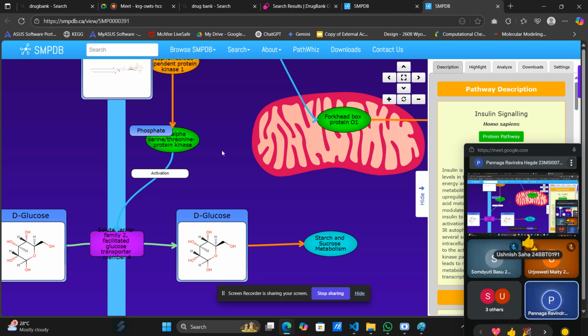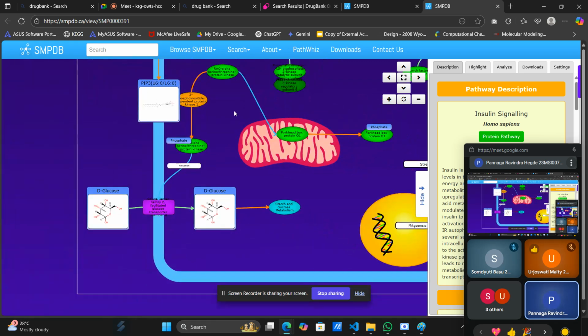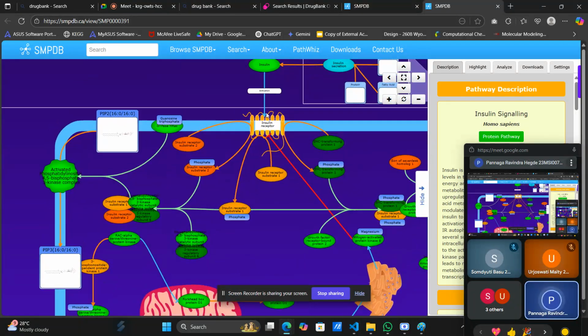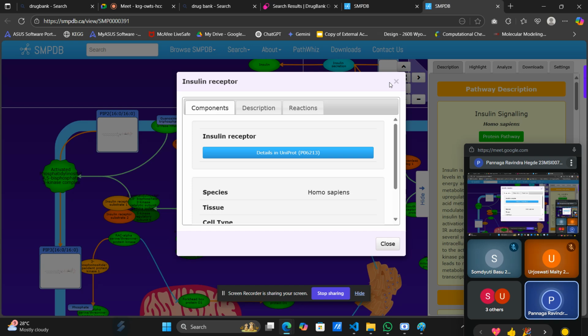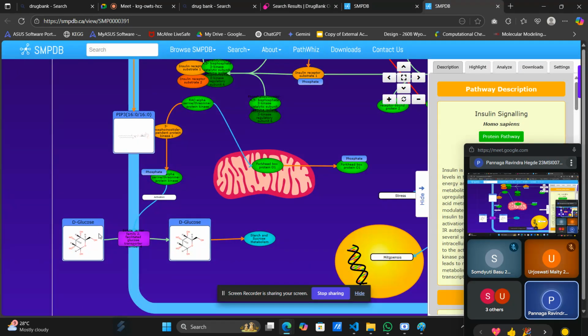What happens is you have a whole set of reactions mentioned here. I'm not going to cover all of that. When insulin comes and binds to the receptor, the signal is sensed, and the sensed signal will increase the intake of glucose through this transporter so that more glucose molecules will come inside the cell. And once it enters the cell, if you guys remember, phosphorylation happens.